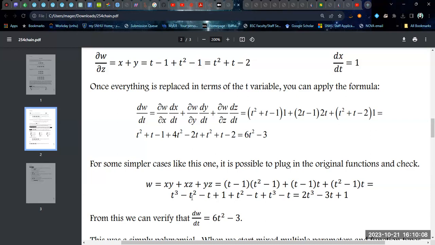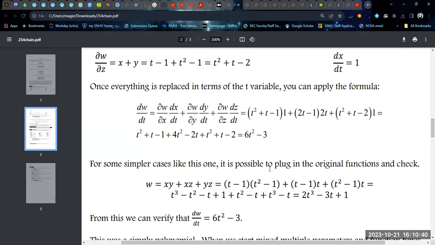So simply as a check, I just want to make this clear, this is simply as a check, I can substitute x is t minus 1 and y is t squared minus 1 and z is t into my original problem. And again, doing all the algebra, FOIL everything out, I can get an expression for w in terms of t. If I take that derivative just normally with respect to t, I should get the same answer that I got from my chain rule.